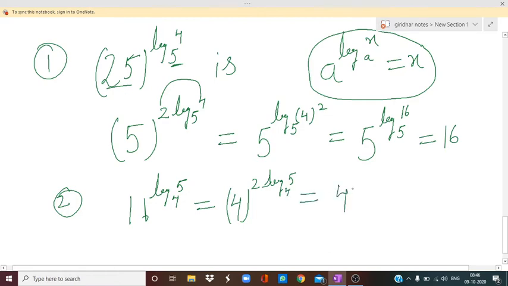This you can write as 4 to the power log 5 square, power rule, and therefore this came 25. Fine. Again with the help of this formula, a to the power log x with base a, this 2 came into the power, this a square, and this is nothing but a to the power log x with base a form, and this you know is x.